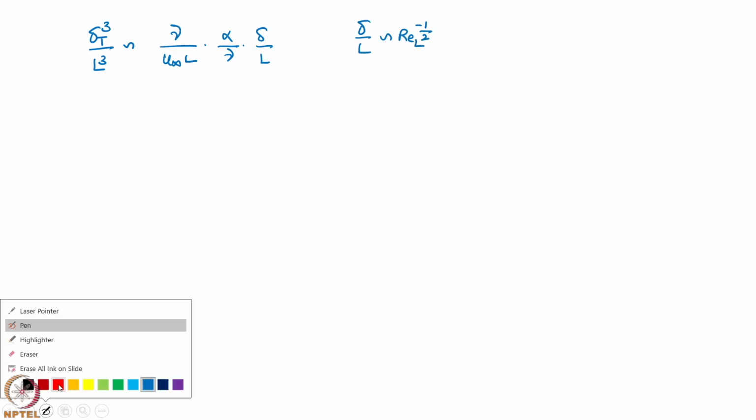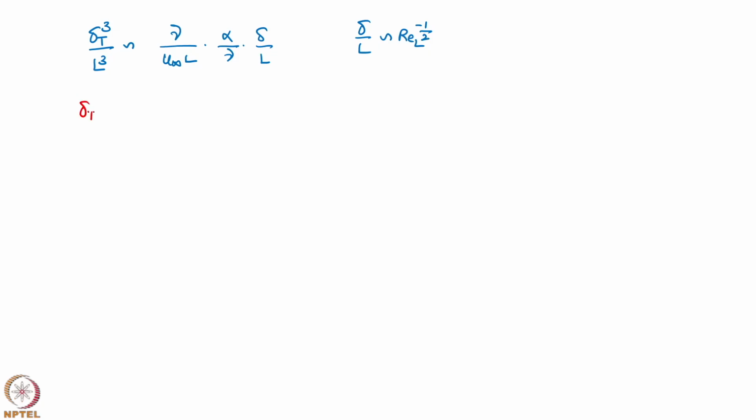So, if we substitute all of this, delta T cube divided by L cube is of the order of, nu by u infinity L is Re_L, alpha by nu is Prandtl number, and delta by L is Re_L to the power of minus half.